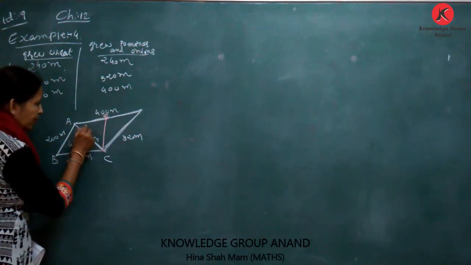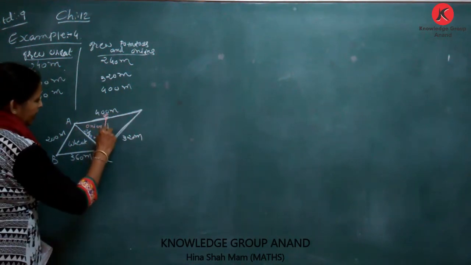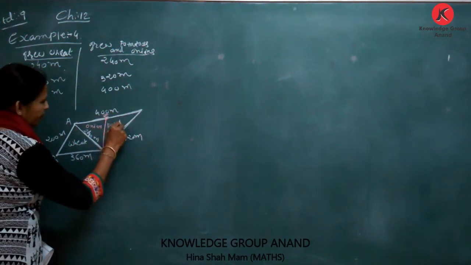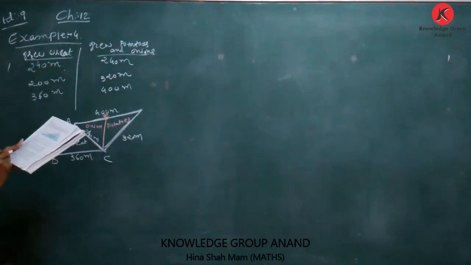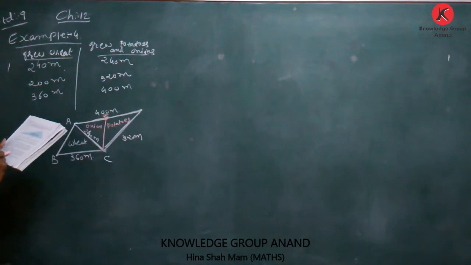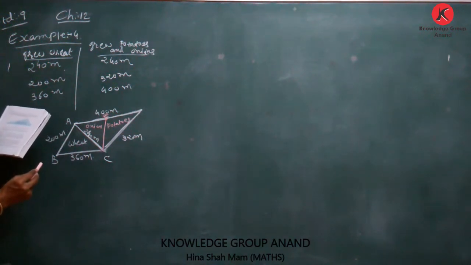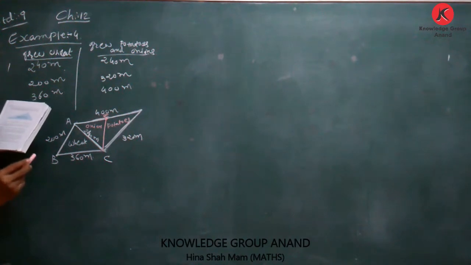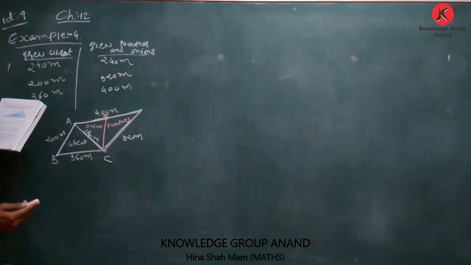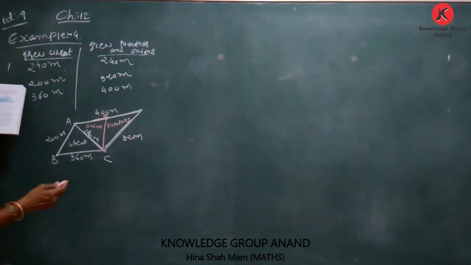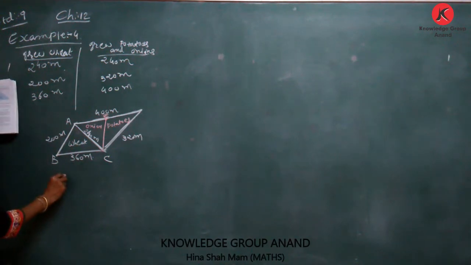Here she grew onion and potatoes, in two parts by joining the midpoint of the longest side to the opposite vertex. How much area has been used for wheat, potatoes and onions?